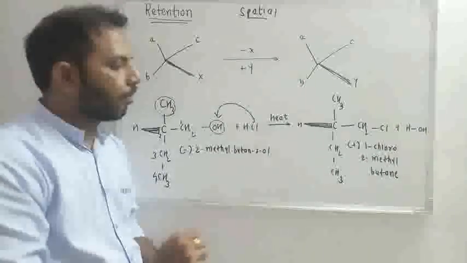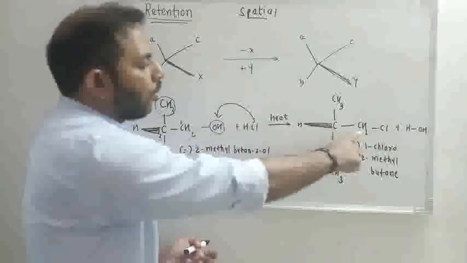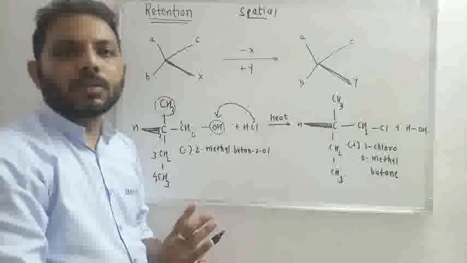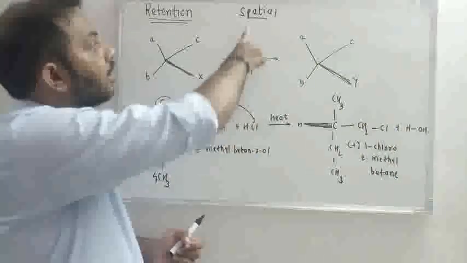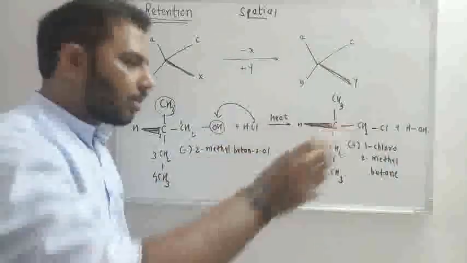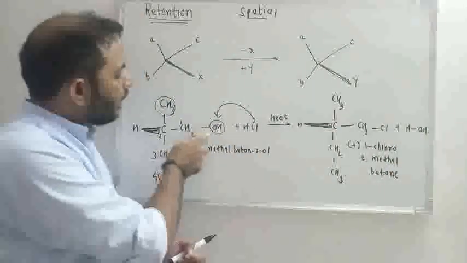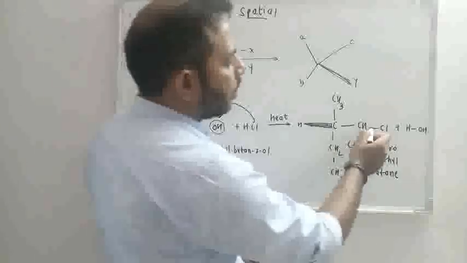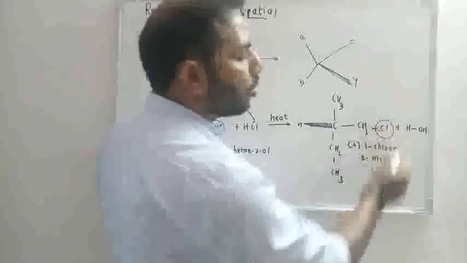But if you see, the position of OH is remaining the same. The position is not getting changed. The spatial arrangement, the arrangement of atoms in space. OH used to be here, but after substitution, Cl is also in that position only.